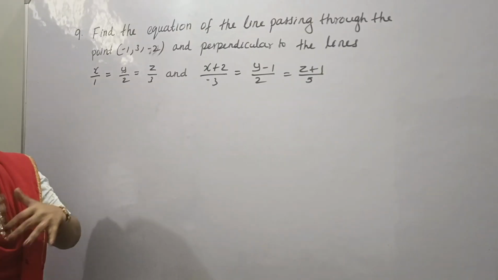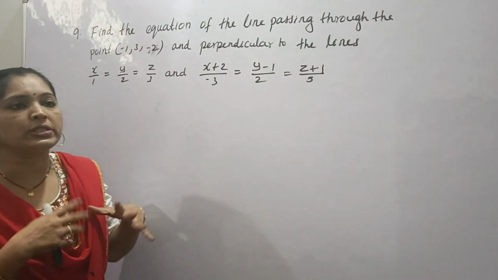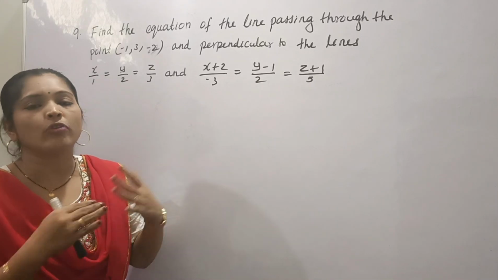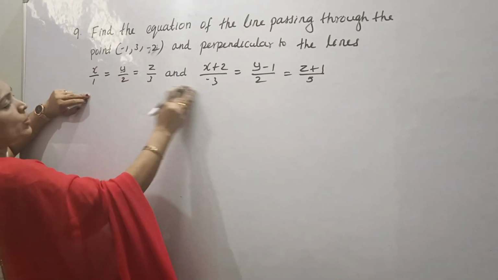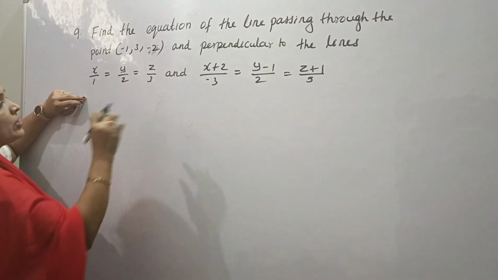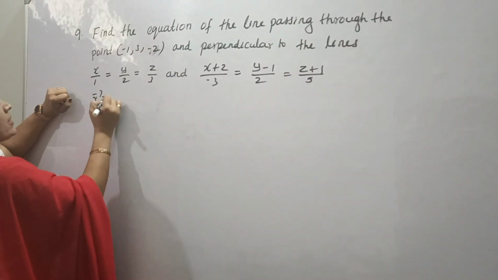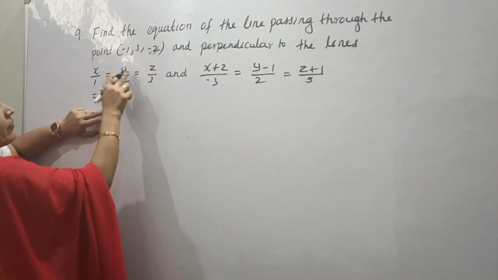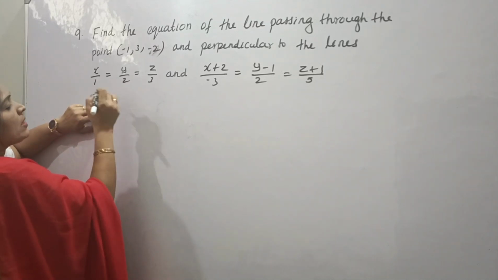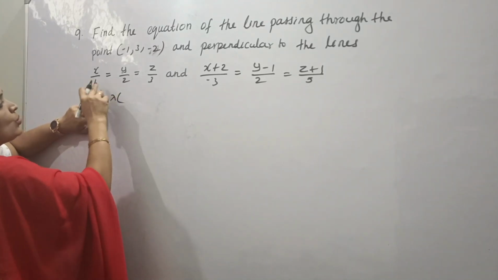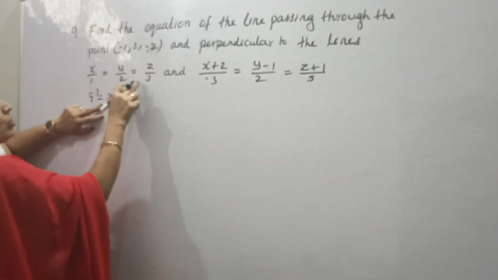Okay, see, if you are confused in Cartesian form, you just convert this Cartesian form to vector form. Here I will write the vector equations of these two lines. Vector r is equal to vector a1, here vector a1 is the 0 vector, plus lambda into direction ratios 1, 2, 3.